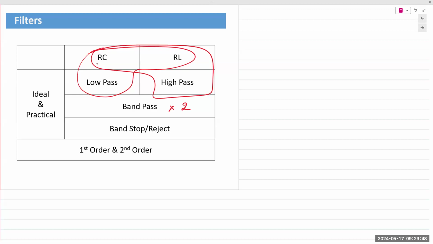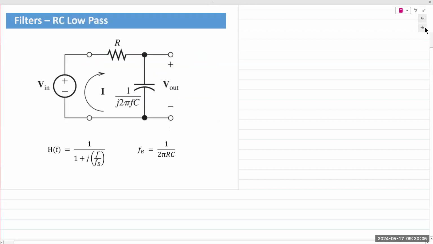Filter study and filter design is an entirely separate course or subject of study under electrical engineering. So what we are looking at is just barely the top surface. All right, so as I said, you're going to study different filters, but there are overlapping similarities across all of them. So let's look at an RC filter first.